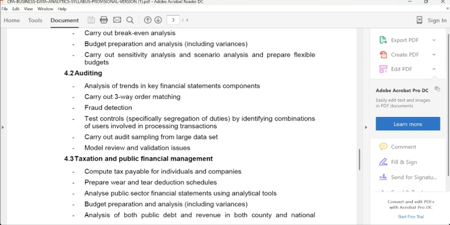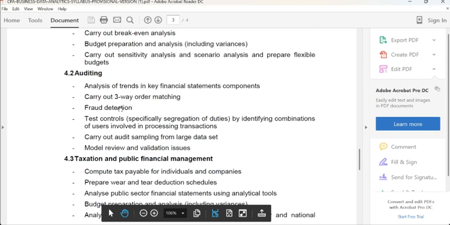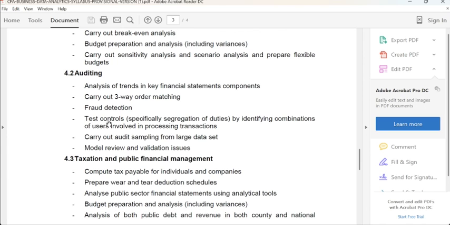Carry out a three-way order matching, do a fraud detection, test controls, especially segregation of duties by identifying combinations of users involved in processing transactions. This is more of theory.